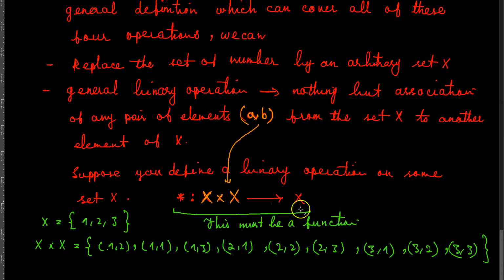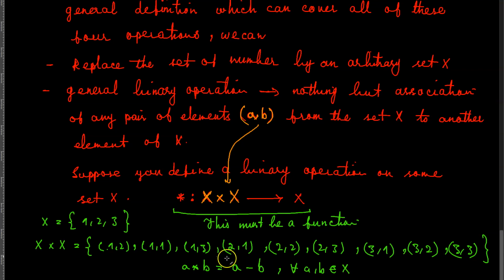Meaning that, for example, let's say that I can say that A star B is equal to, for example, A minus B. If I define the binary operation star this way, of course that has to apply for every A and B belonging to X, for example, in this case.